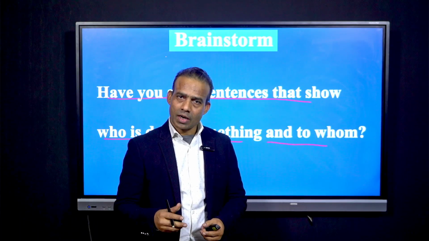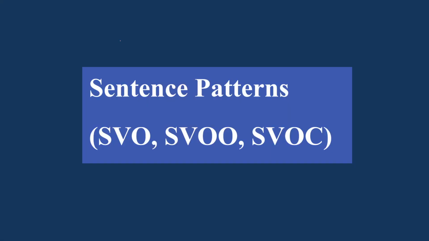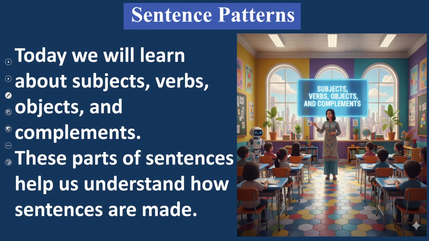So, come to the board. Yes. So, this is the main topic, sentence patterns, and these are the sentence patterns SVO, SVOO, and SVOC. Let's see sentence patterns. Today we will learn about subjects, verbs, objects, and complements.